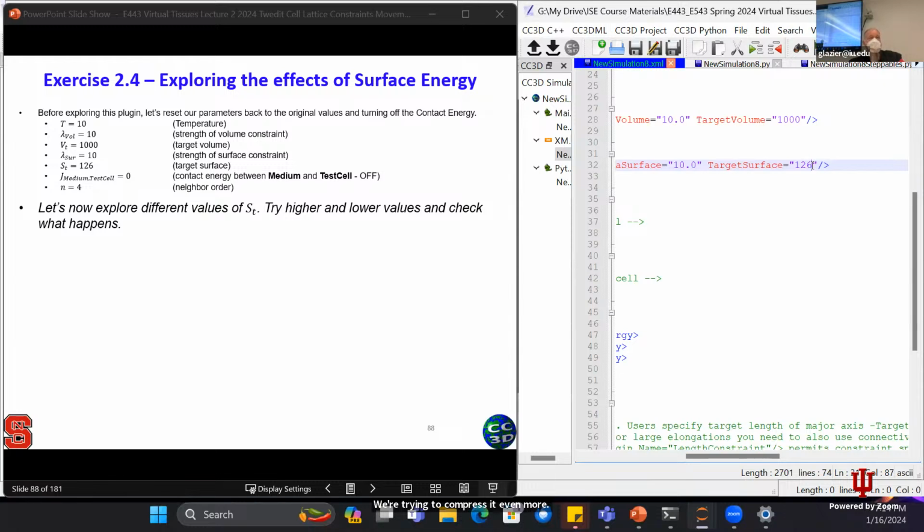So we'll give it a shot. And then try going the other way. Instead of making the target surface 126, make it 256. And see what happens. What happens then? So somebody try it with target surface of, say, 50, and somebody try target surface of 256 and tell me what you get.